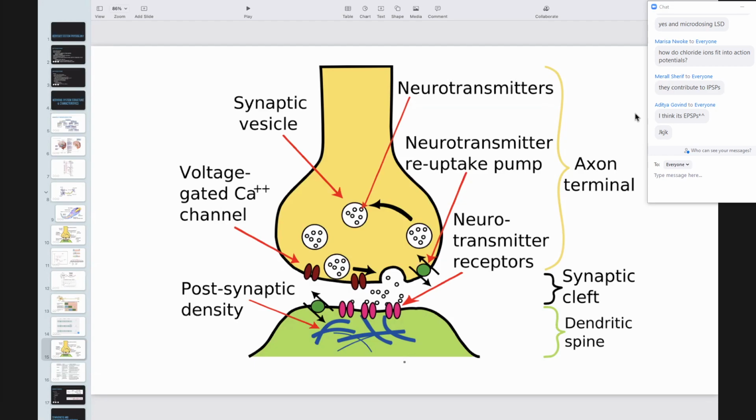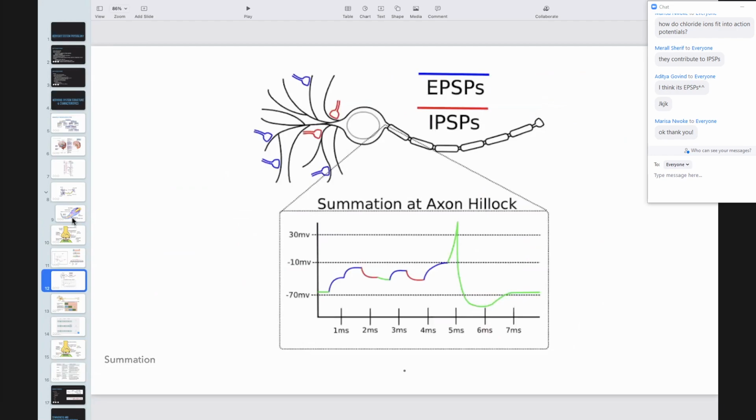It does work in IPSPs. They can shoot IPSPs at the dendritic level because that's going to cause the opposite change. Let me get rid of this annotation. If we just have a bunch of IPSPs, where does that slide? We have the IPSPs going the opposite direction.